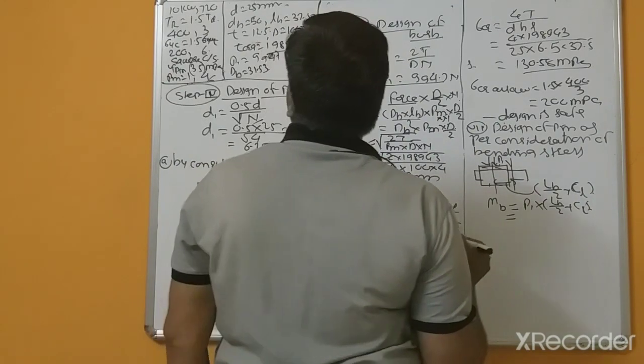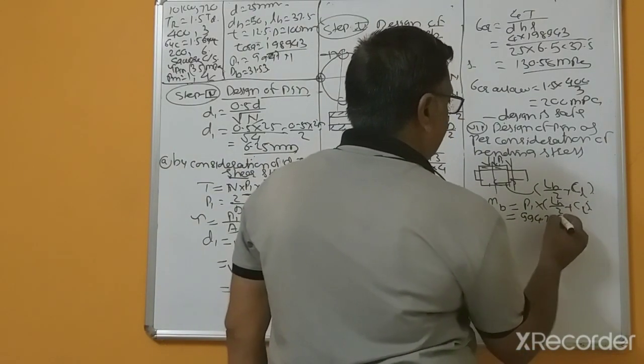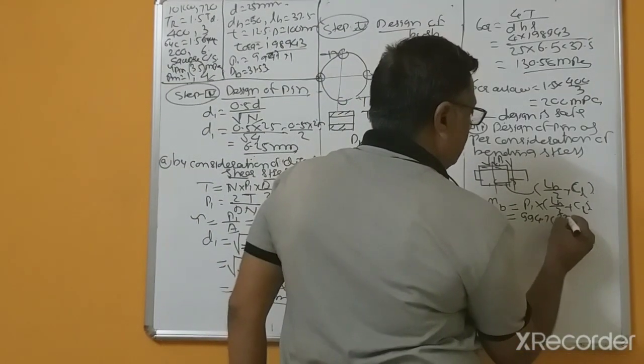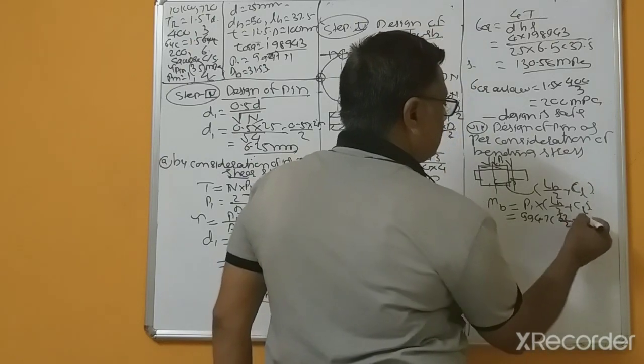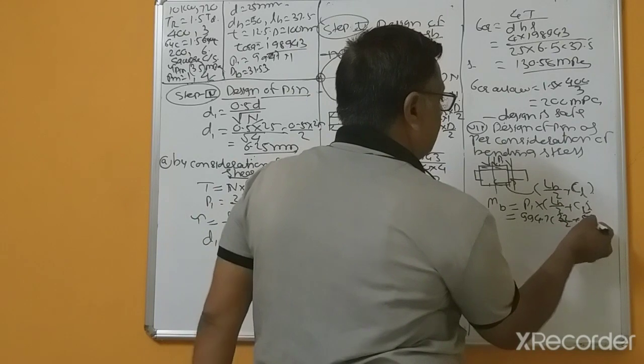We already calculated this, 994.7. Length of the bush I consider this is 32 plus 2, and this clearance is not given, but I assume this is 5. This clearance equal to 5.